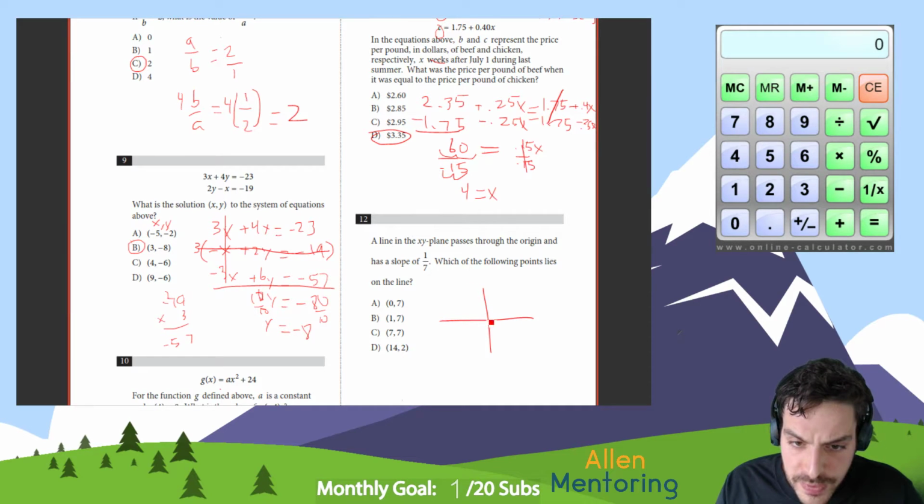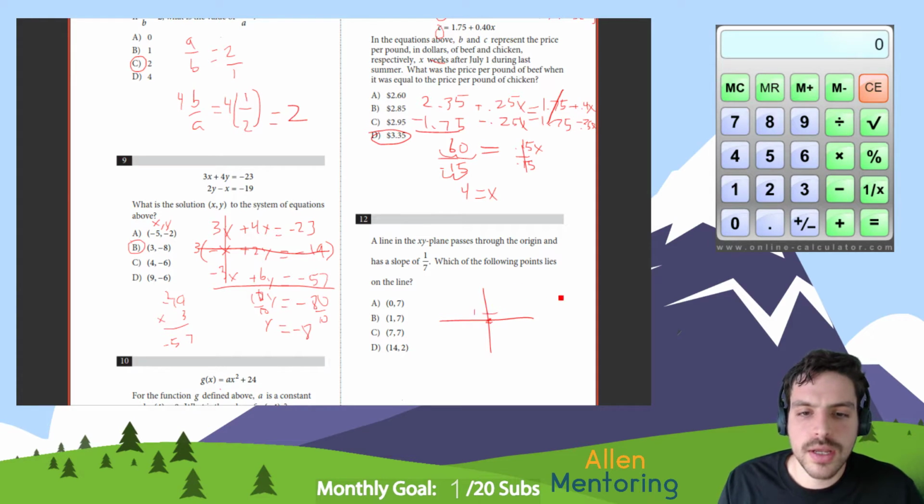So it starts here. I gotta stop forgetting about that. Okay, so if it starts here at the origin, we see that it rises 1 and it runs over 7.